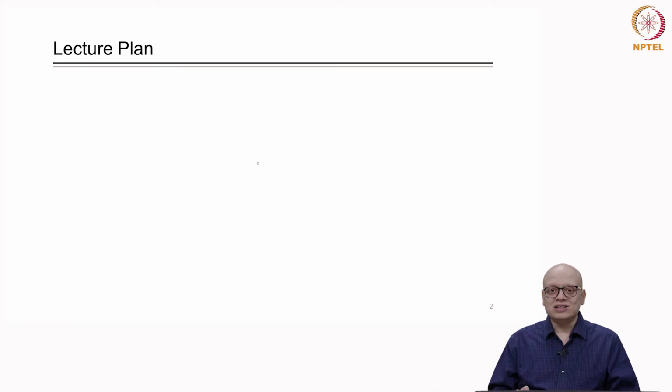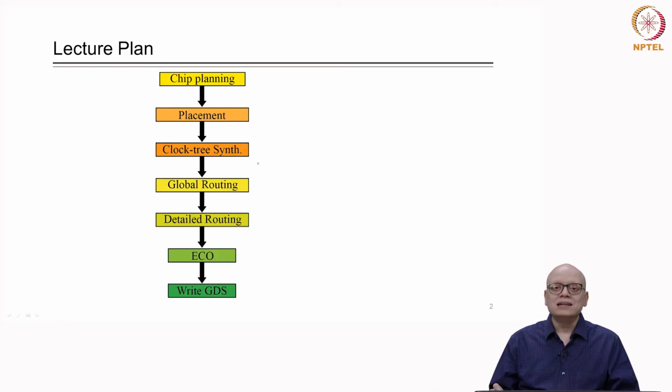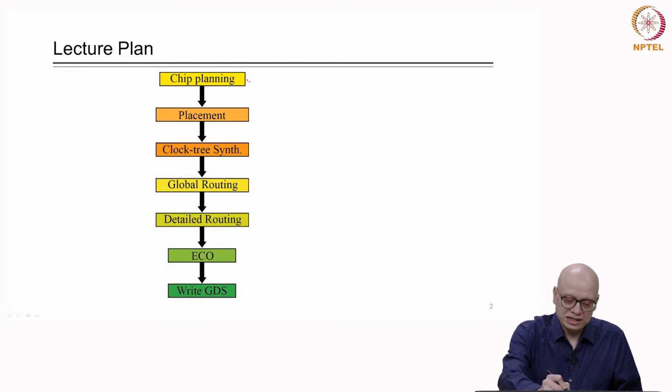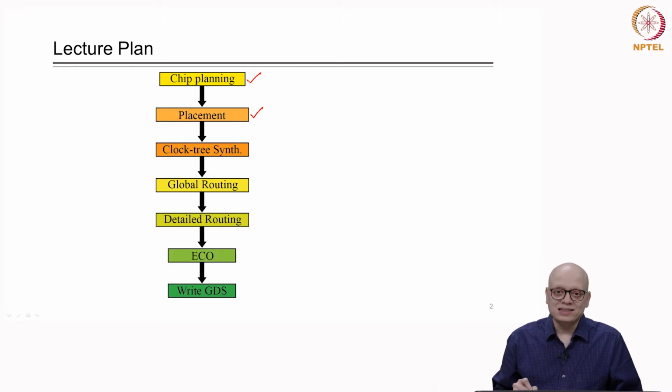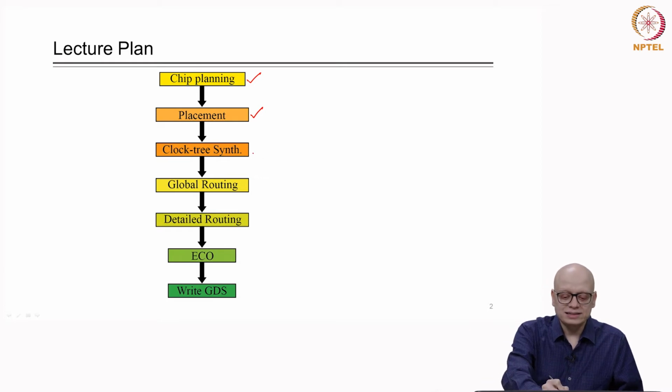In the earlier lectures, we had seen that the physical design is broken into multiple tasks, which are shown in this figure. And in earlier lectures, we had looked into chip planning and placement. So, in this lecture, we will be discussing the next step in the physical design, that is clock tree synthesis.